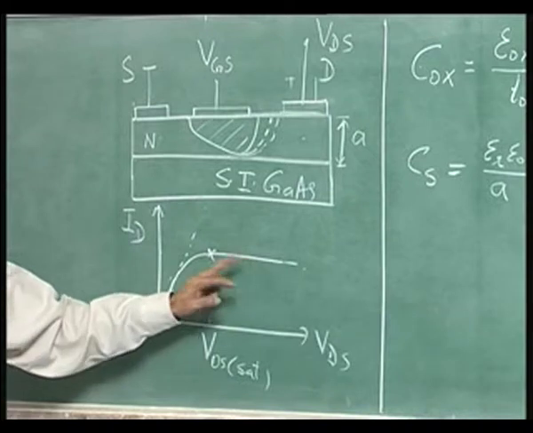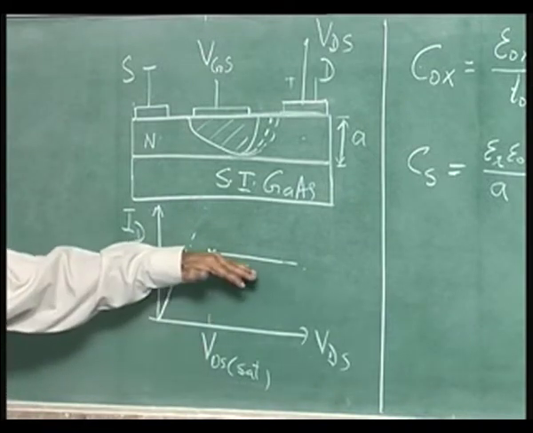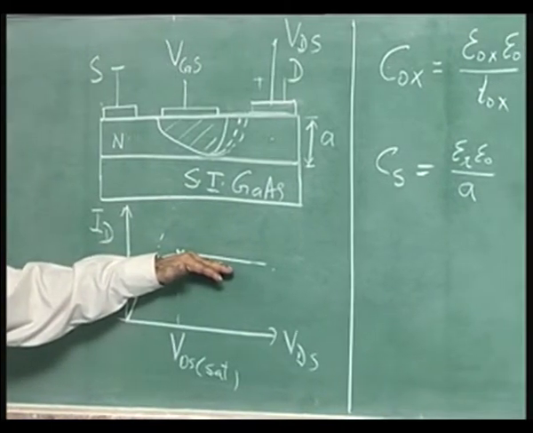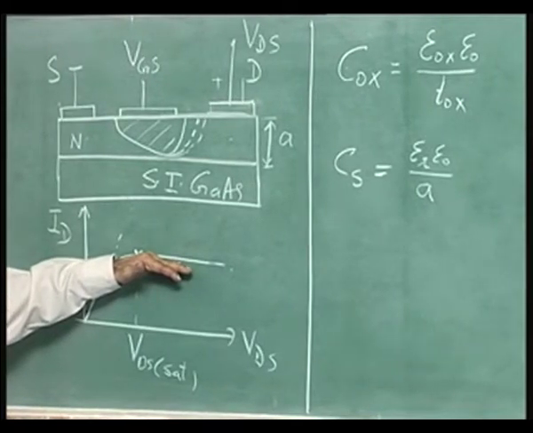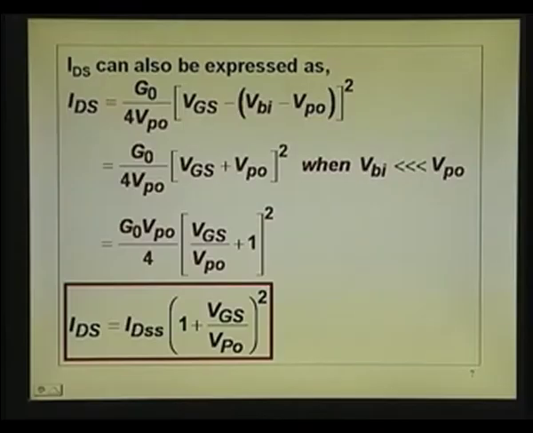The same equation holds good here. So this current is IDSS into (1 plus VGS by Vp) whole square, and if in that expression I put VGS equal to 0, then I get IDSS.